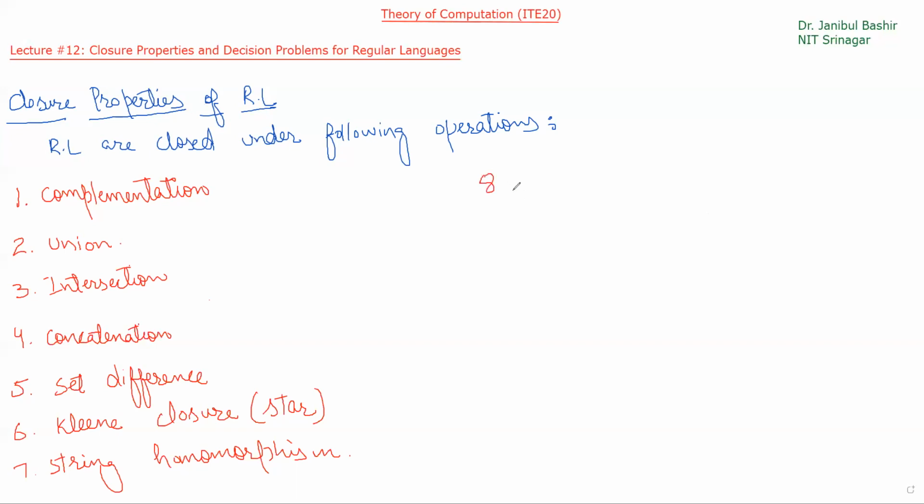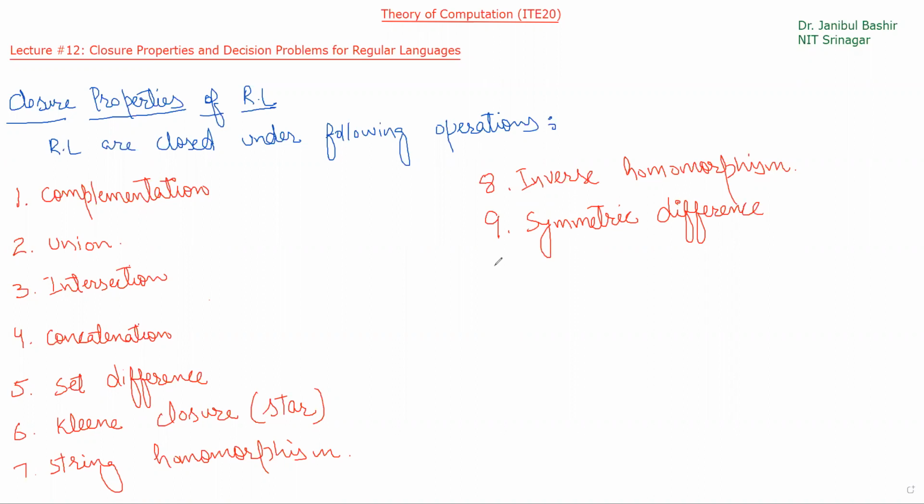For example, eighth is inverse homomorphism. Another is symmetric difference. Okay, another is substitution, and many other operations.